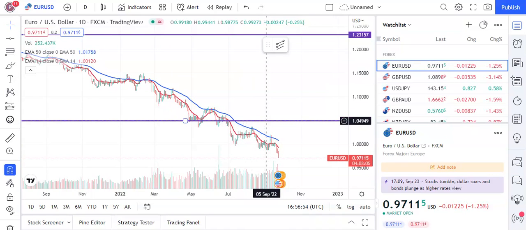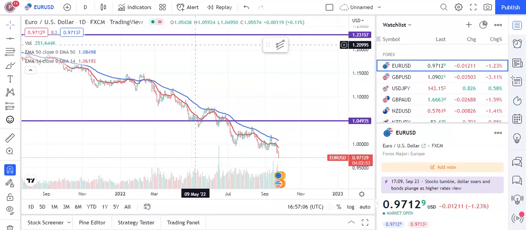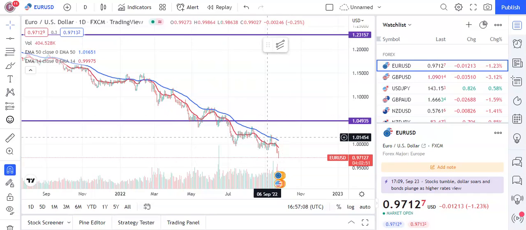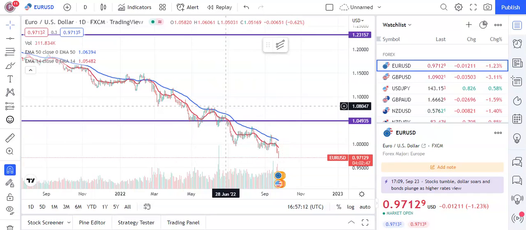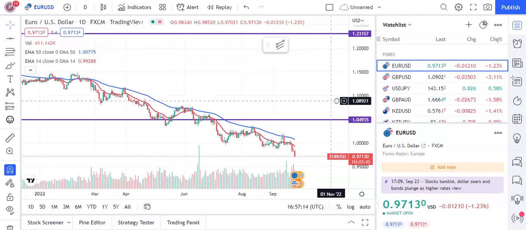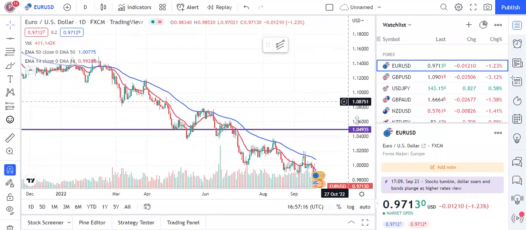So I can see that the horizontal line I drew on the monthly time frame is very solid, and it serves as a point of support and resistance, well respected on the monthly time frame, weekly time frame, and here is the daily time frame. These areas are well respected.